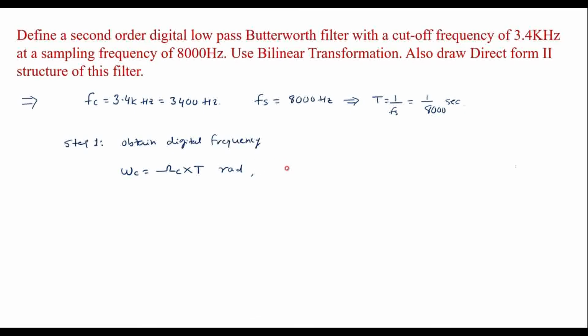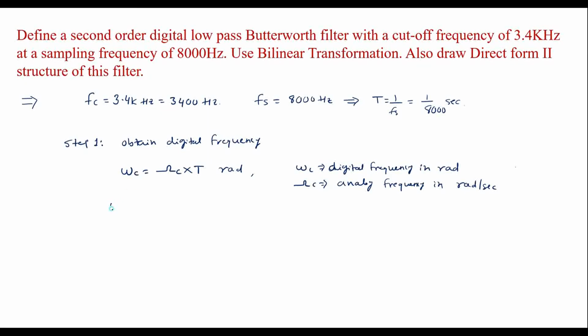So here omega c is digital frequency in radians, and this omega c is analog frequency in radians per second, and T is time period.